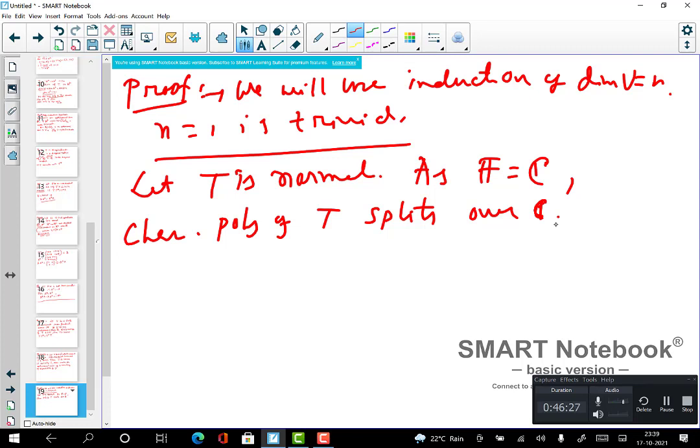So that is because of the fundamental theorem of algebra. Let me write it down.